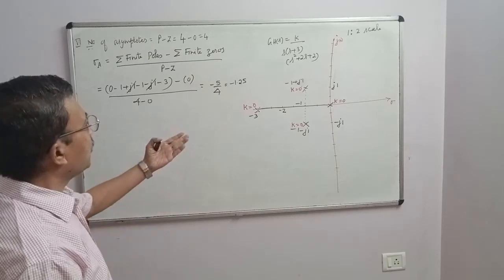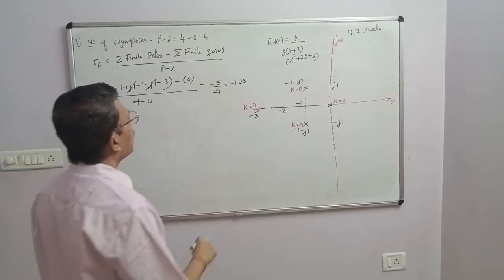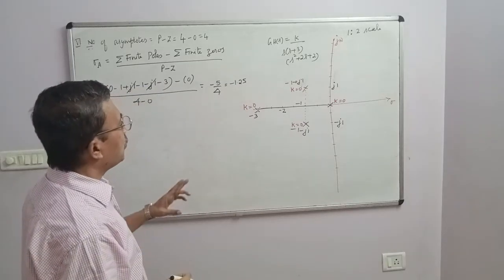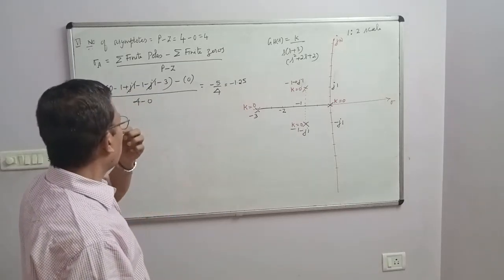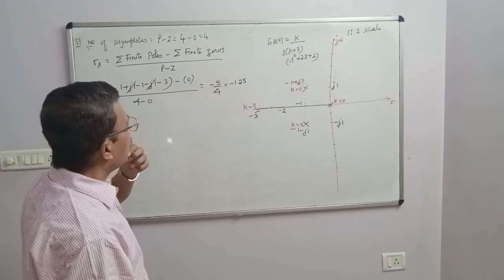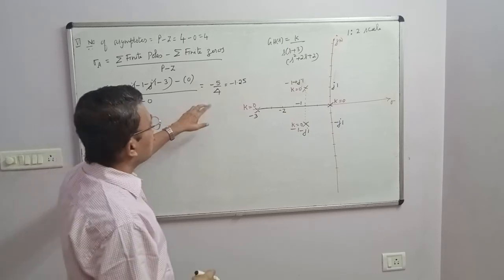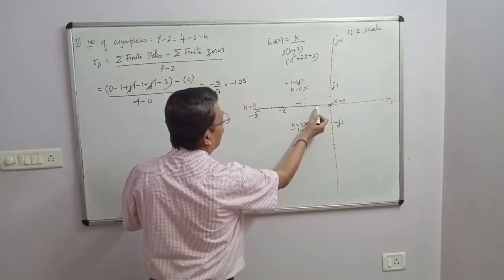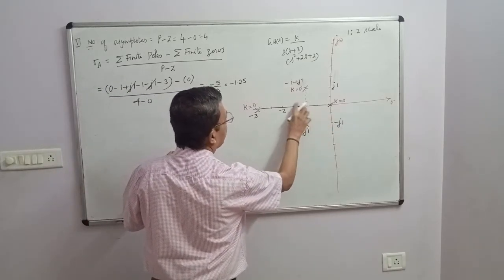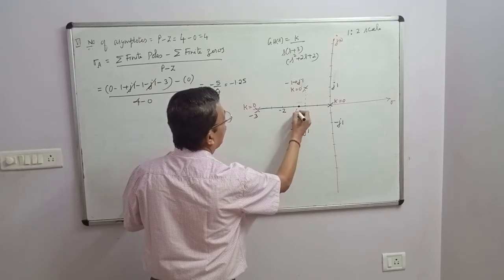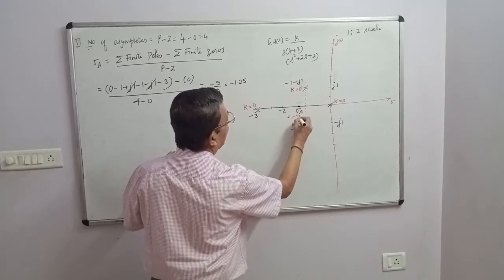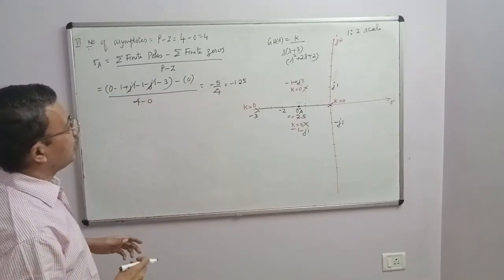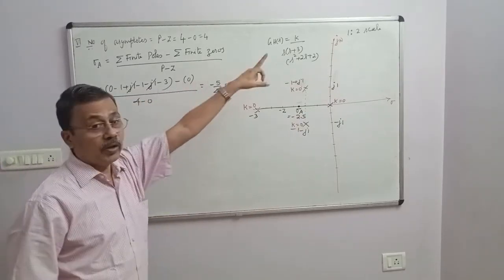Minus 1.25 multiplied by 2, you get 2.5. So 2.5 divisions is here. This is sigma A. Sigma A is equal to minus 2.5 divisions because the scale is 1:2.